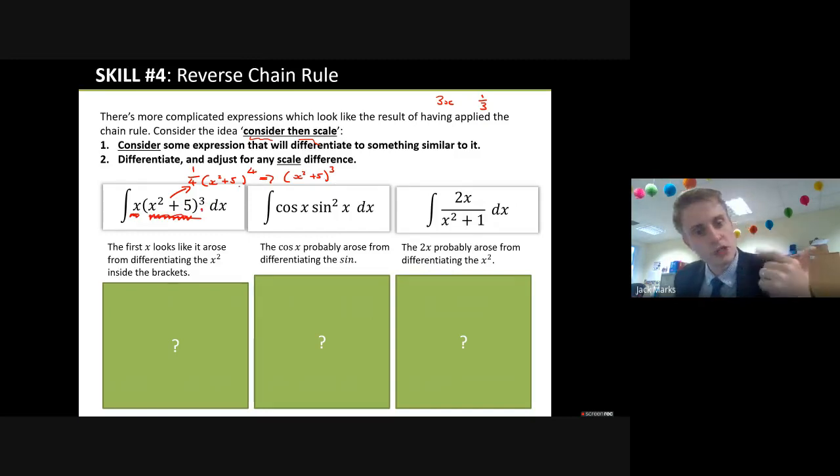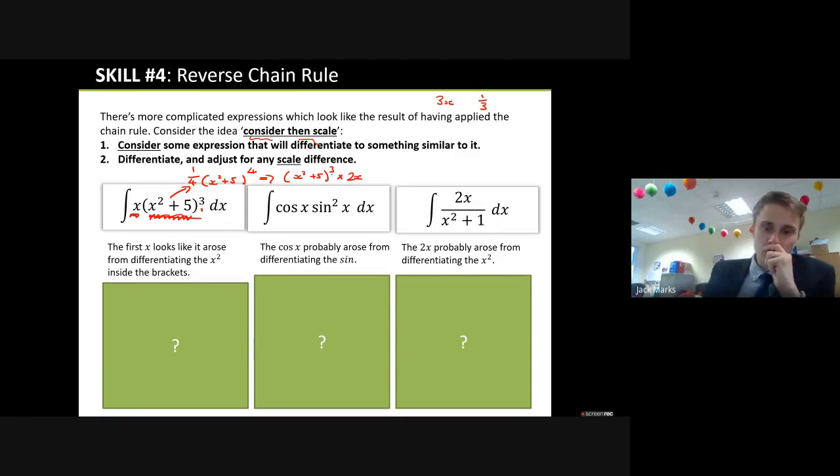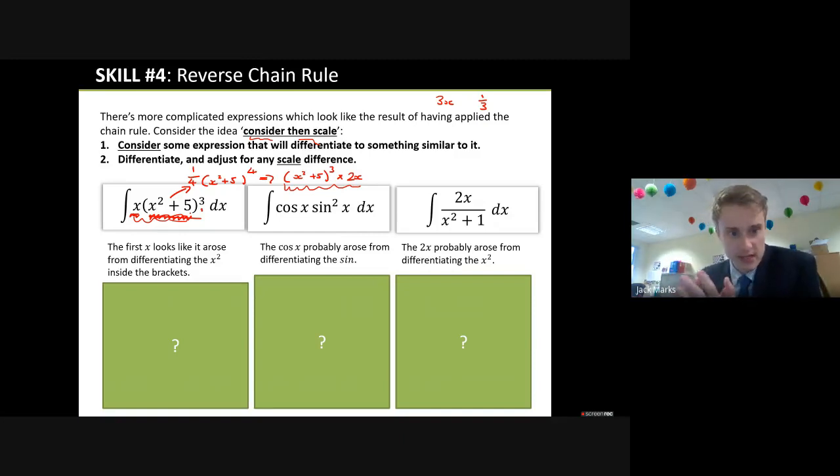But then there would also be a chain rule, because bracket to the power of 4 is the outside bit. The inside bit would be 2x. And you notice this thing here and this thing here are very, very close. It's almost perfect. The only problem is this would become 2x bracket cubed, and this is just x bracket cubed.